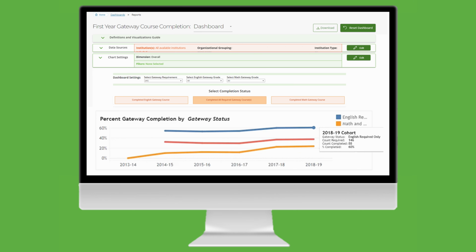Hovering over the 2018-19 data point shows that 60% of students who are only required to take English gateway courses were successful. 37% of students who are only required to take Math gateway courses were successful, and 24% of students who are required to take both Math and English courses were successful. Looking at the prior years shows us that these rates increased over time for first-year student cohorts.